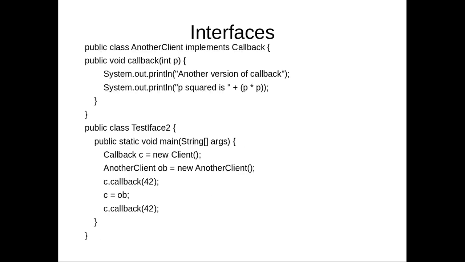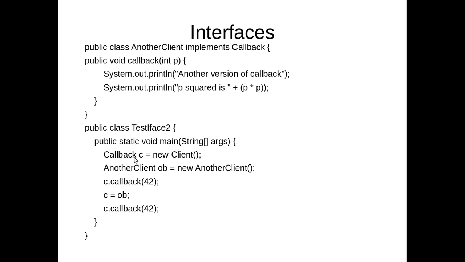Now suppose that you have another class, AnotherClient, implements Callback. In the previous case, the Client was implementing the callback procedure. Now a class called AnotherClient is implementing the callback procedure. It is printing the square of some p, that means some value you have passed, and it is printing the square of that. And now here public class TestInterface2 means now you have a callback reference.